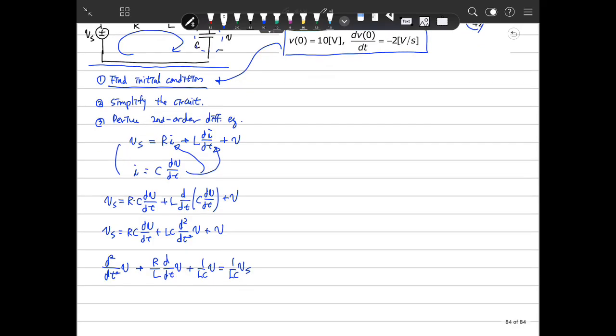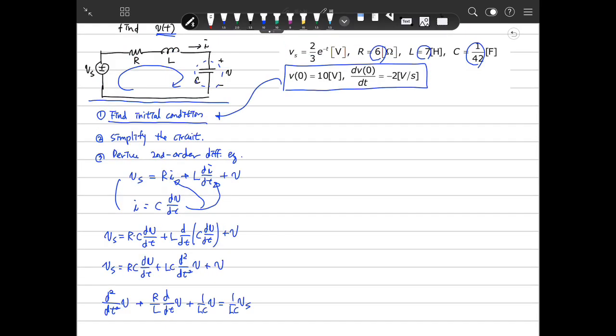I'm sorry, I will modify the variables. R is not 6, it's 5, and L is not 7, it's 1, it's my mistake, and capacitance is not 1 over 42, it's 1 over 6. I'm sorry, I modified the variables like that.